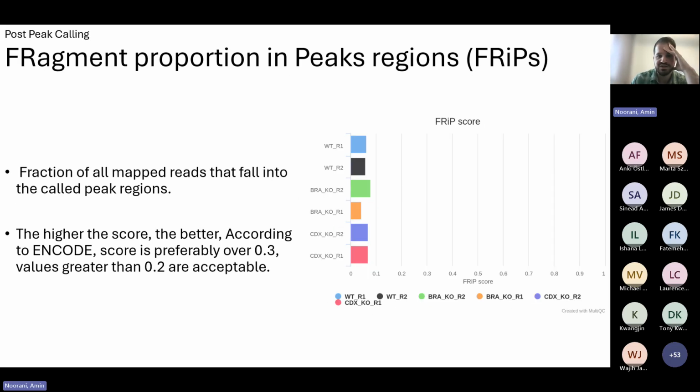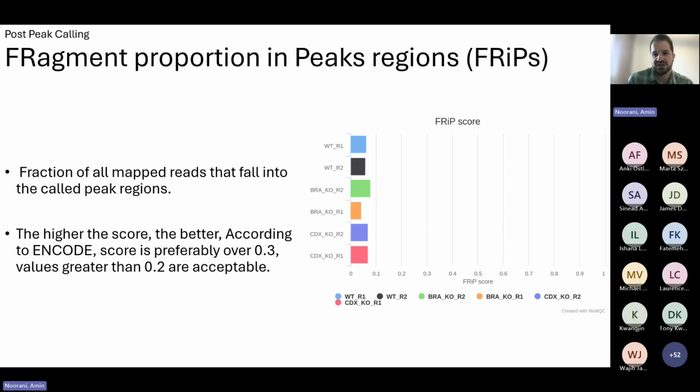So you call your peaks and you have your alignment file and your peak file. If you want to make sure the peaks are actually in the right positions, there is another metric you can check for how confident your peaks are.